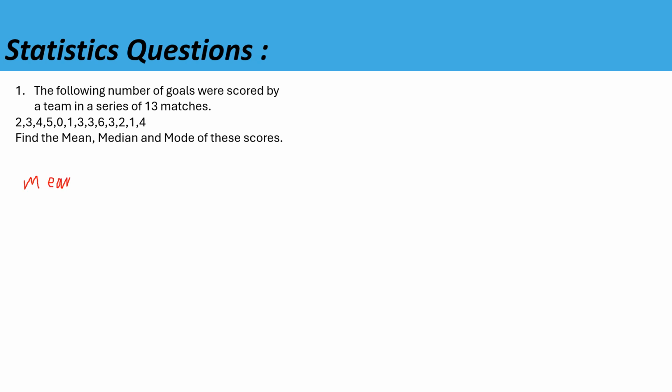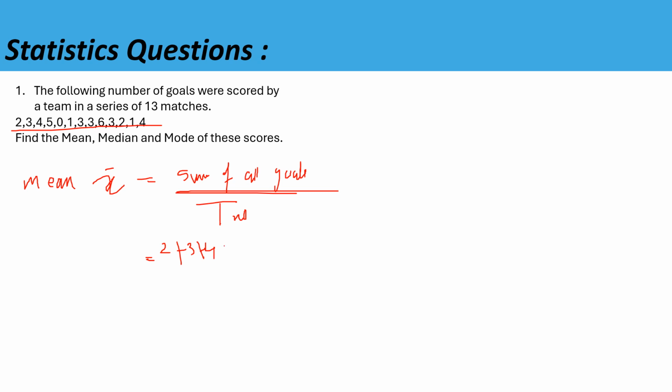Mean, x bar, is the sum of all the goals scored divided by the total number. So we have to write the sum of all scores, that means these numbers: 2 plus 3 plus 4 plus 5 and so on, right till the last 4, divided by the total.